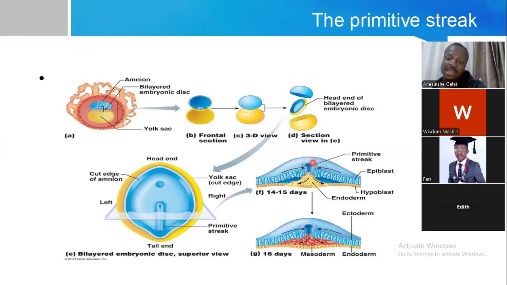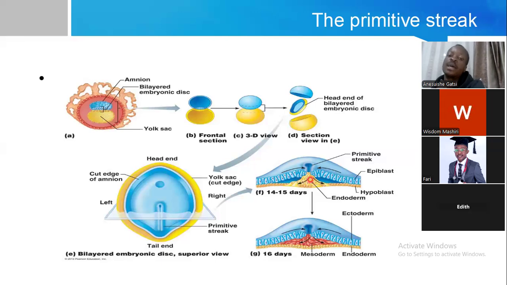So it thickens or proliferates, and it forms what you call the primitive node. Associated with the primitive node, there's a depression, which is your primitive pit. But what we are concerned with for the purpose of this presentation is the central streak here, which is the primitive streak, through which cells of this epiblast are going to invaginate, right?